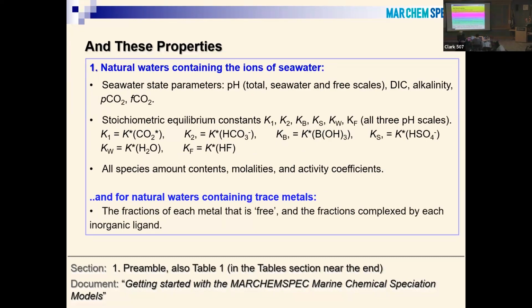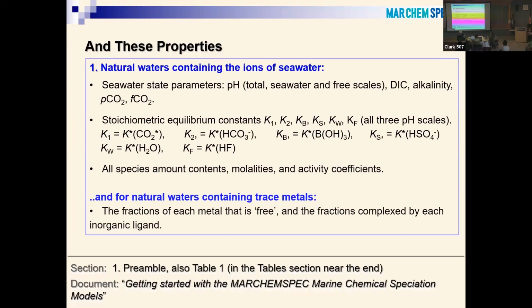So these are the properties that the models will calculate. Of most interest to oceanographers, what we call the seawater state parameters: pH on various scales, dissolved inorganic carbon and alkalinity, although they're actually inputs into the model as it is now, and PCO2 and FCO2.